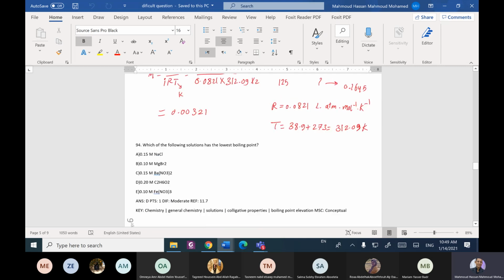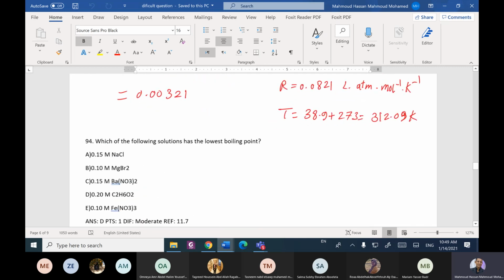Which one of the following solutions has the lowest boiling point? 0.15 molal sodium chloride, 0.1 molal magnesium bromide, 0.15 molal barium nitrate, 0.20 molal glucose sugar, or 0.1 molal iron nitrate.